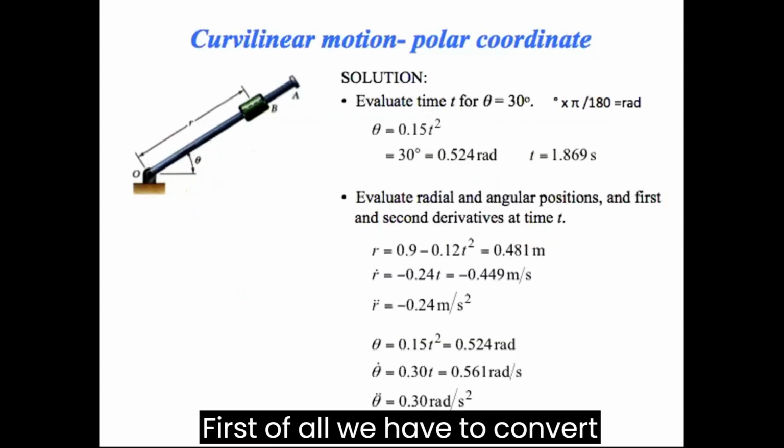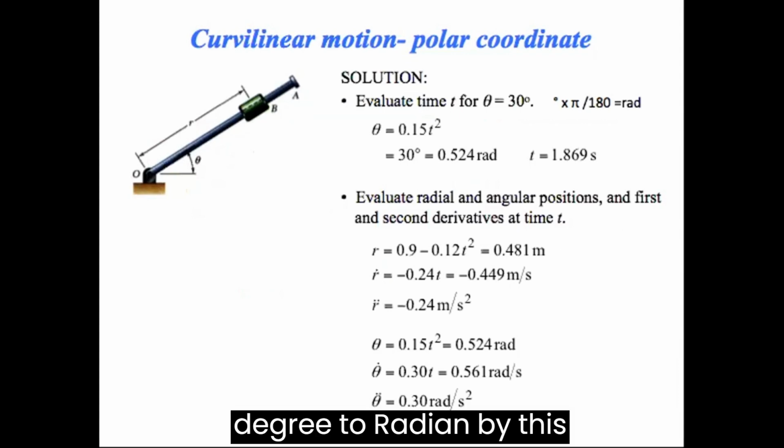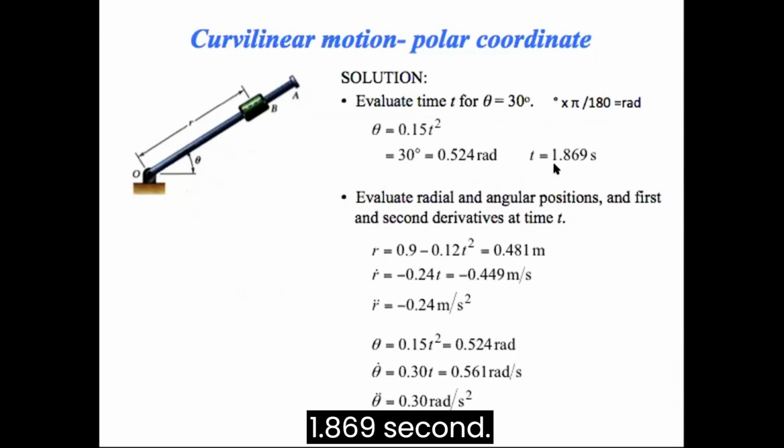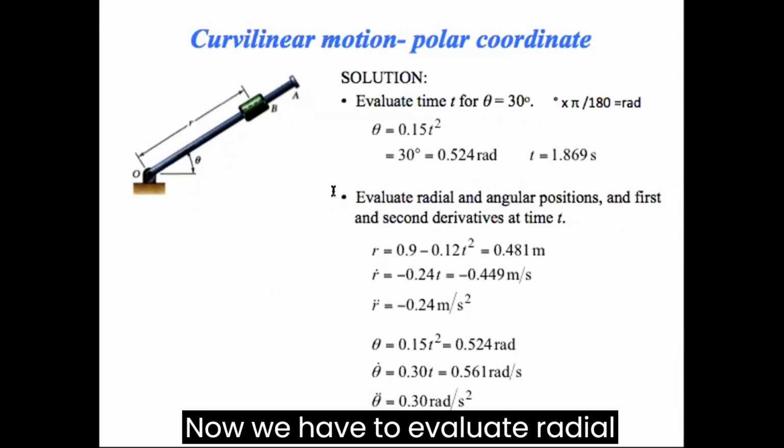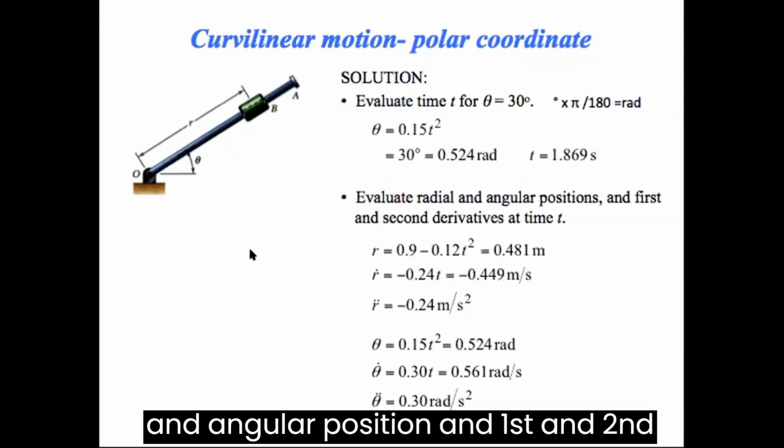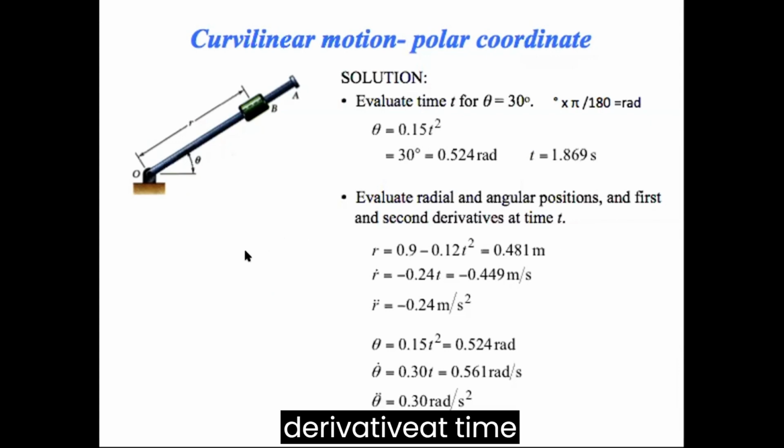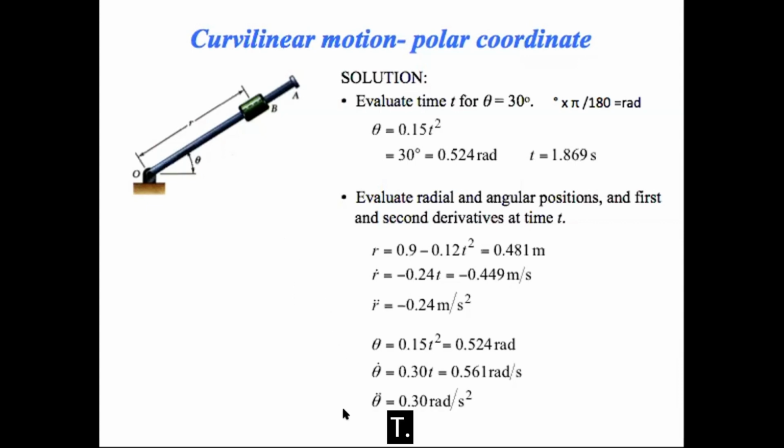First of all, we have to convert degrees to radians by this equation and find the time. The total time for rotating the arm 30 degrees is 1.869 seconds.